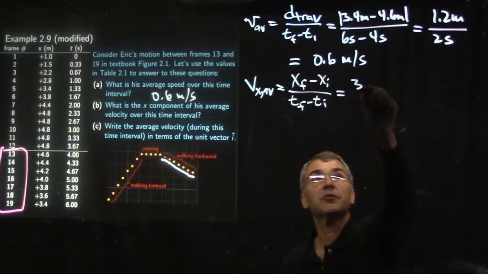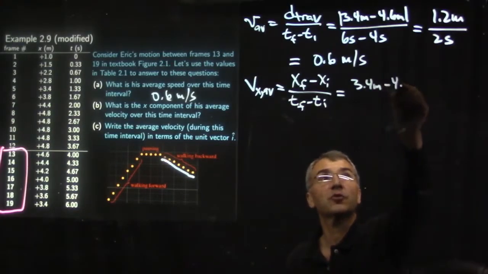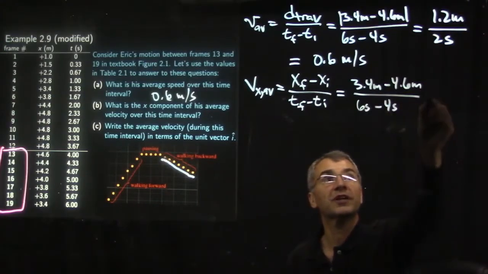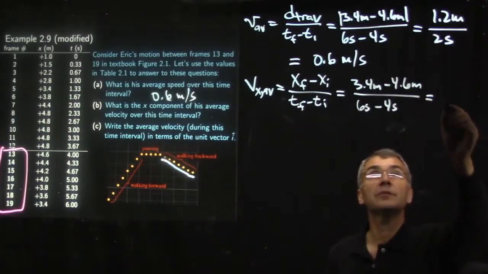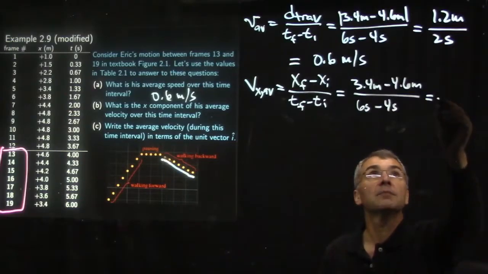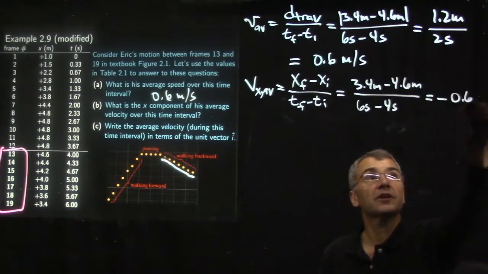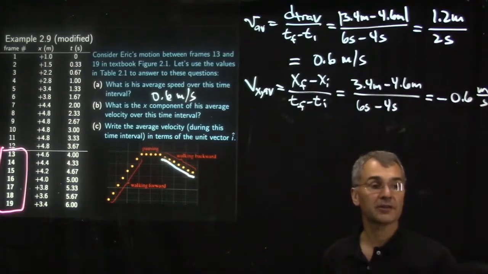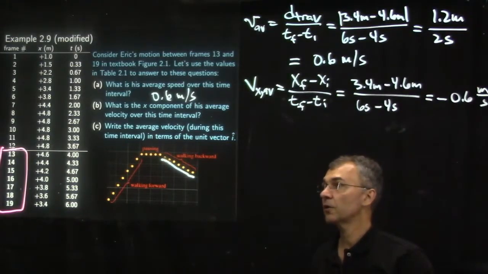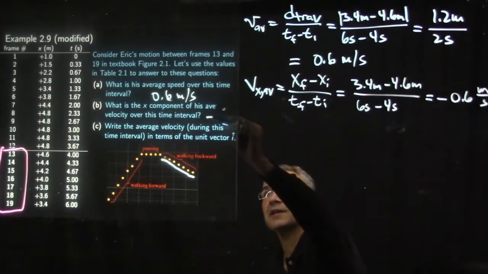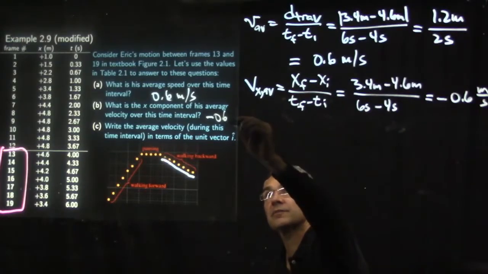So that is 3.4 meters minus 4.6 meters divided by 6 seconds minus 4 seconds. So that seems to be minus 0.6 meters per second. Okay, so minus 0.6 meter per second.